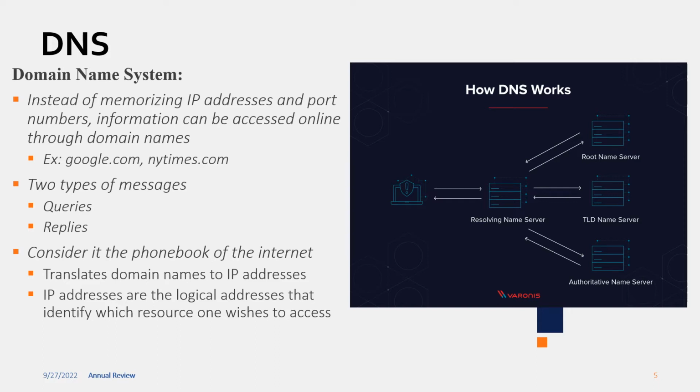Then there's the replies. You can consider this protocol the phone book of the internet. You know how back in the old days we'd use a phone book in order to locate somebody? That's what the Domain Name System does for the cyber world. It translates the domain names to IP addresses, and with the IP addresses, a system can then locate a resource and retrieve it for us.